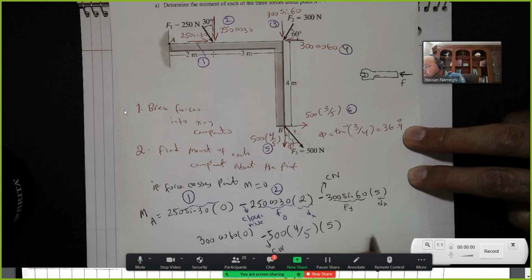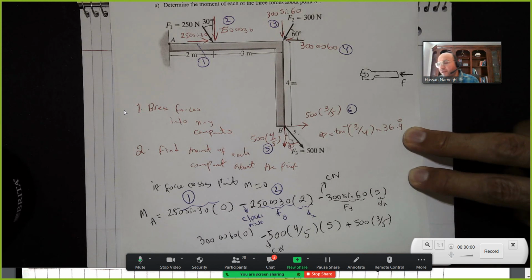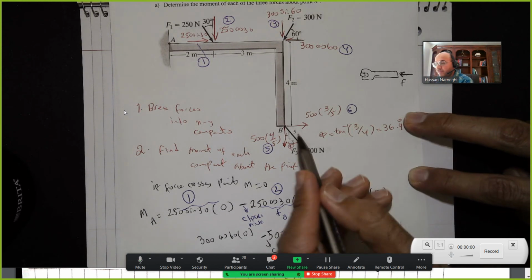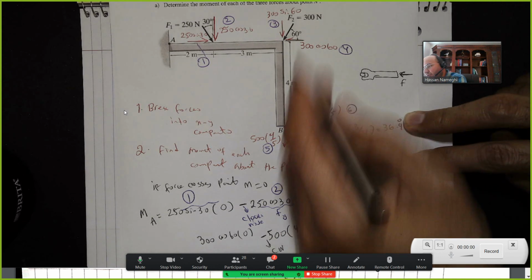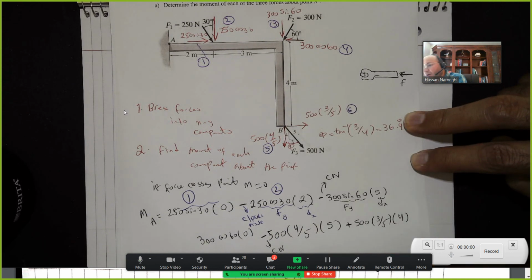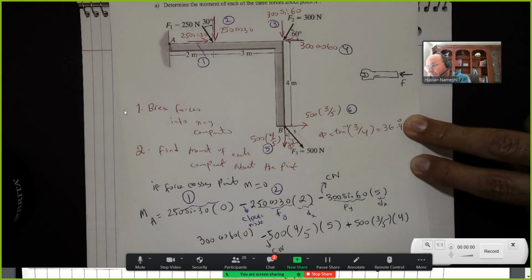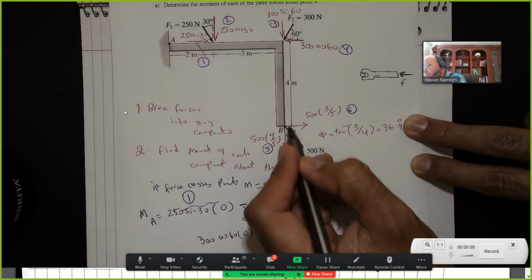The last one is 500 times 3 over 5. What will be the distance for that? This force is on the x, so the distance will be on the y, which is going to be 4. Clockwise or counterclockwise? Counterclockwise.